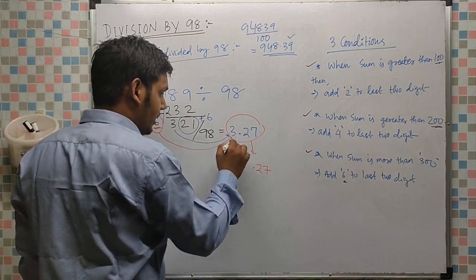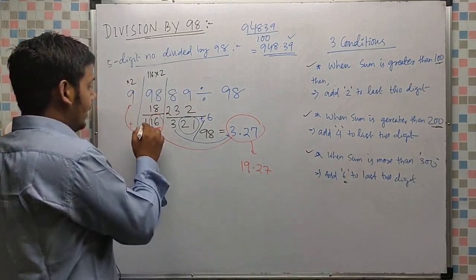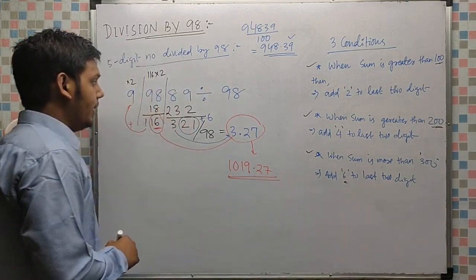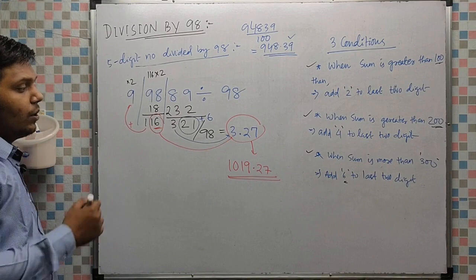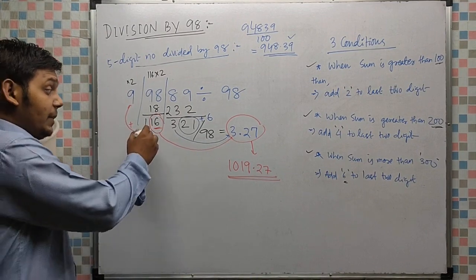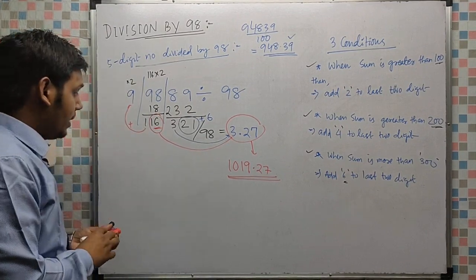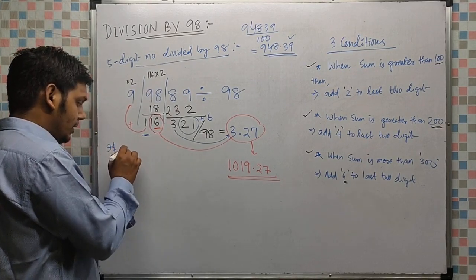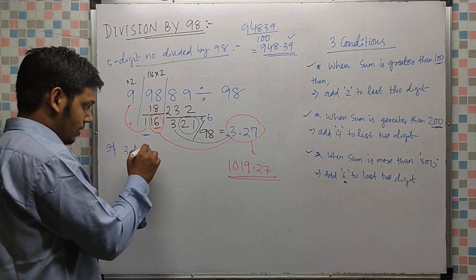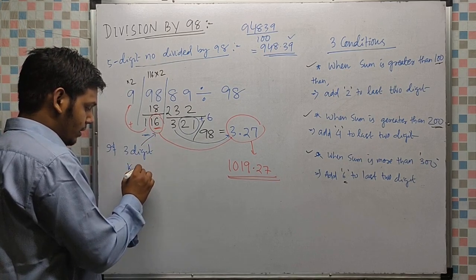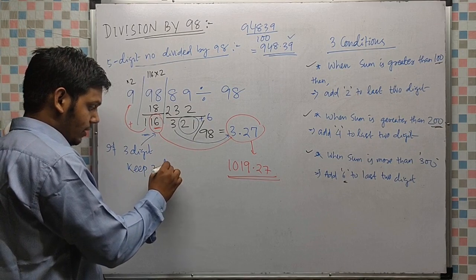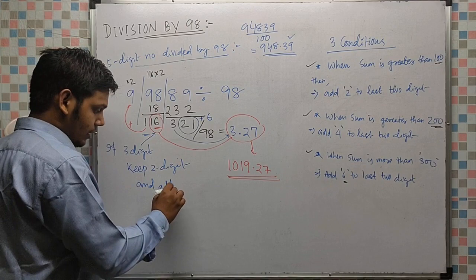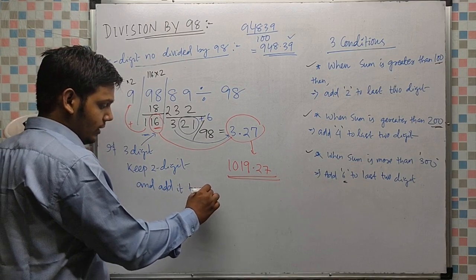Then 16 plus 3, that is 19, and 1 plus 9, that is 10. So 1019.27. Here if a 3-digit number is coming, keep 2 digits and add it to the result.